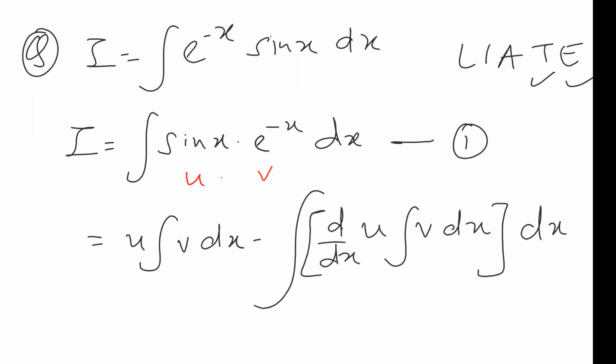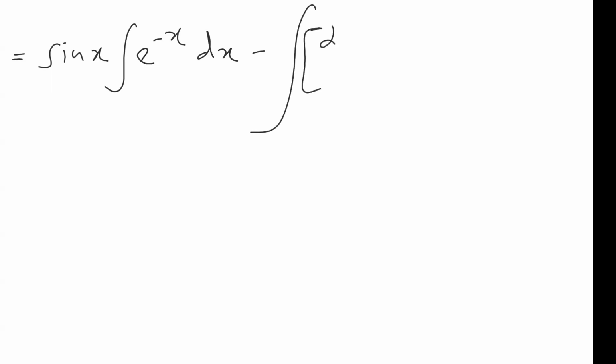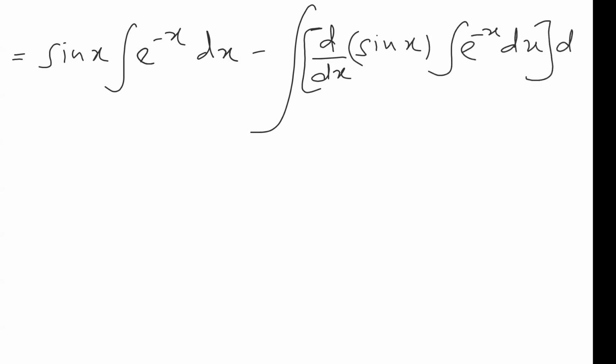Now we'll put the values of u and v in this formula. Okay. So sin x, integration of e raised to minus x dx, minus bigger integration d by dx of sin x, integration of e raised to minus x dx, bracket close dx.